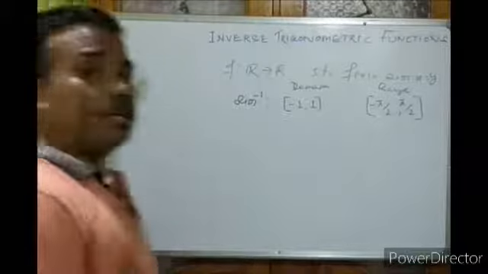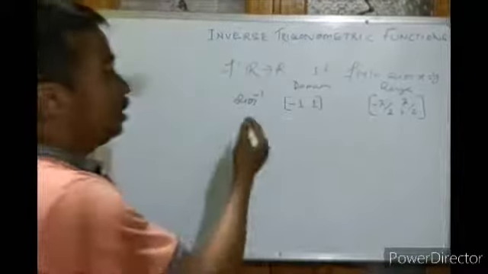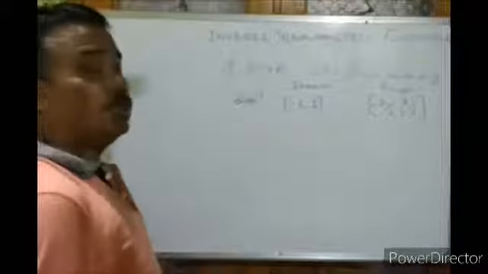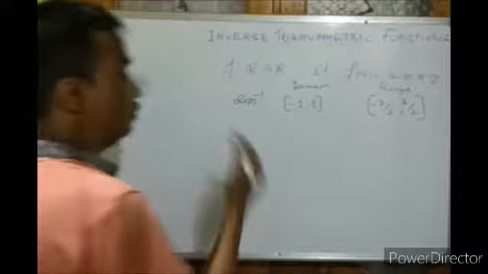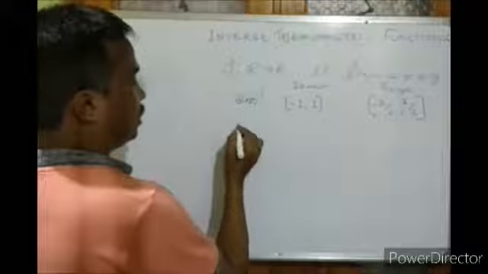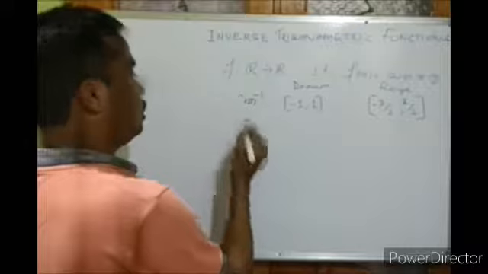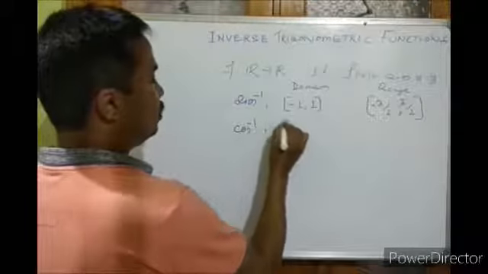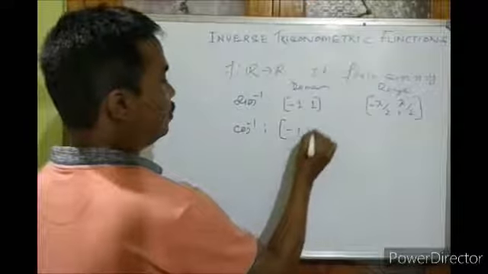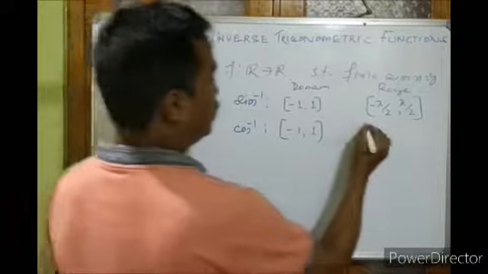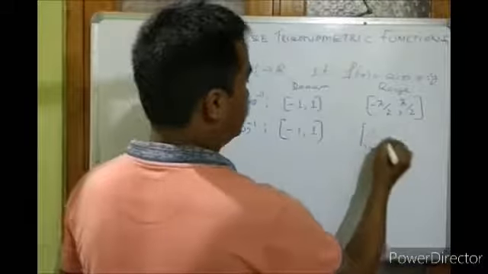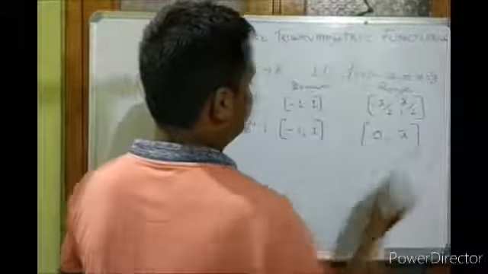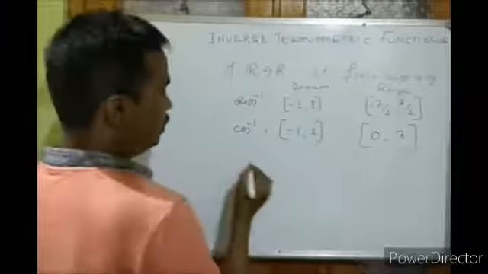In the same way, we can define the domain and the range, that is the principal value branch, of the other trigonometric functions. Proceeding the same way, cos inverse is a function from minus 1 to plus 1, and the range is 0 to pi.